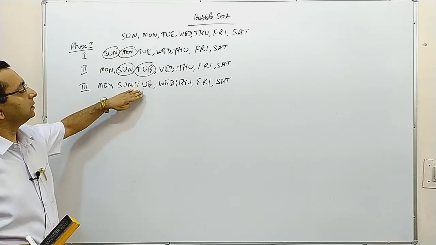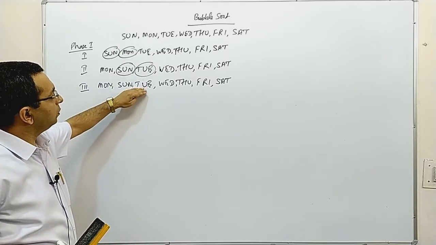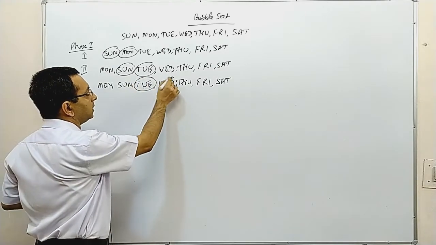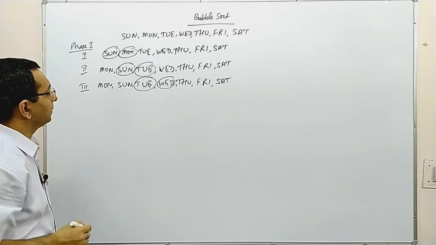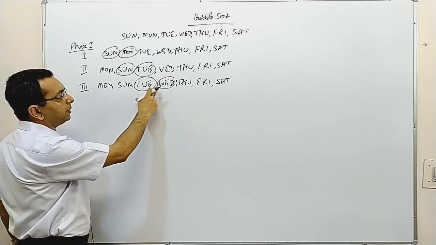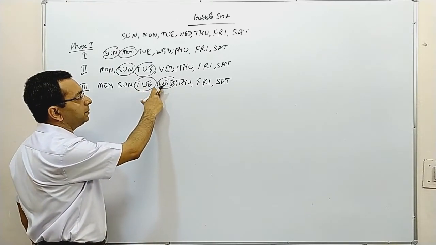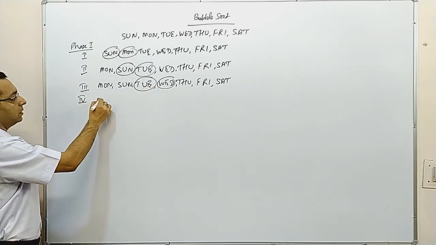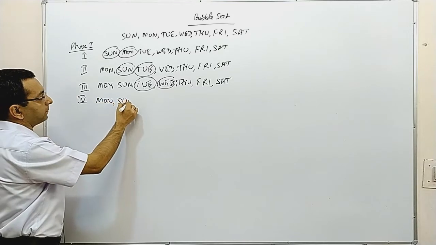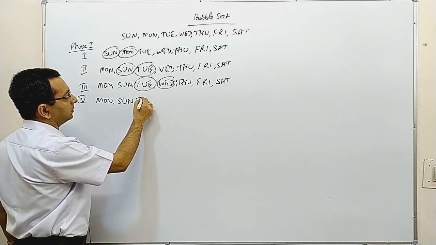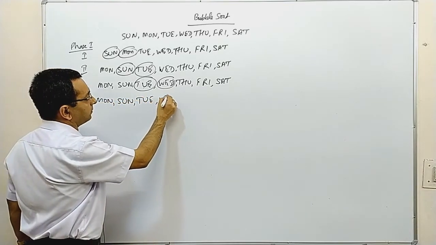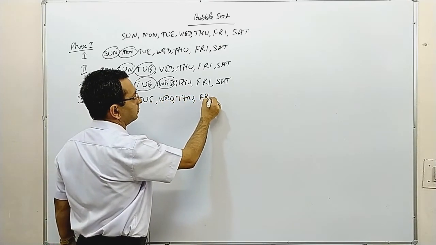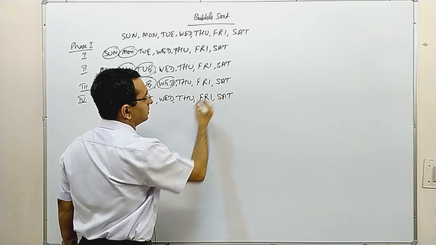Because there was no change, Tuesday will be compared with Wednesday. T should be compared with W, and because W is bigger than T, it will again remain the same. So Monday, Sunday, Tuesday, Wednesday, Thursday, Friday, Saturday.